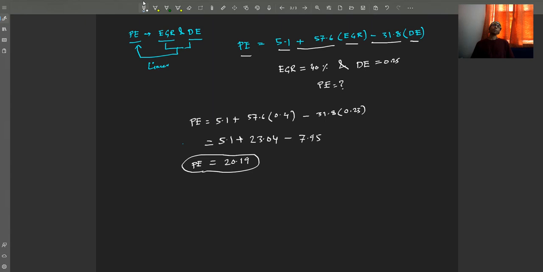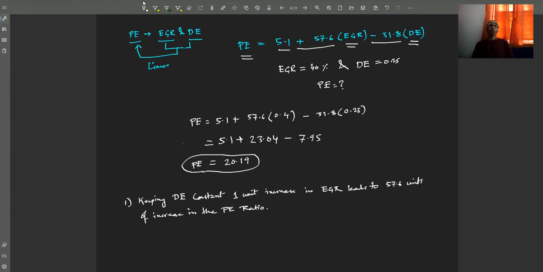Let's start with plus 57.6. What does this mean? This simply means keeping DE ratio, that is debt to equity ratio, constant, 1 unit increase in EGR leads to 57.6 units of increase in the PE ratio.